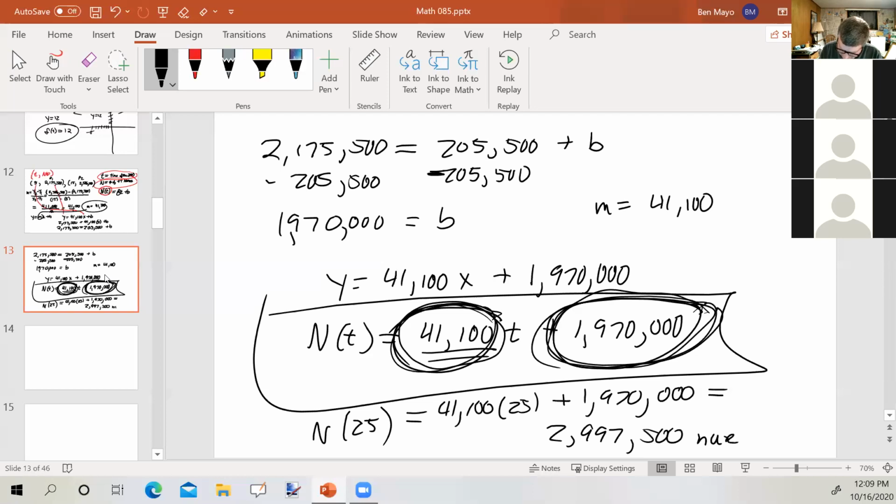So that would be the number of nurses that they are estimating would be required in the year 2025. Or we could say N of 25 equals 2,997,500, which means in the year 2025, that many registered nurses are needed. You okay with that? Yes. All right.